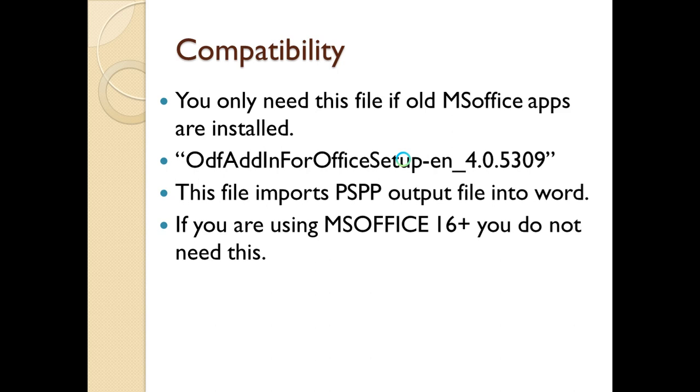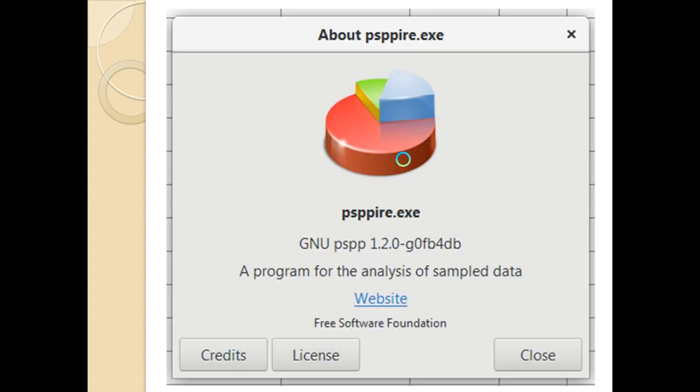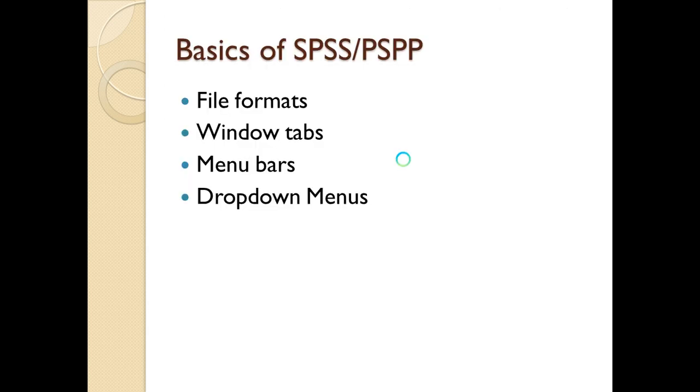In case if you are using MS Office 16 onwards, you don't need this. Now, when you open PSPP file, this is the features. This is how it looks like. So we'll ignore this and then let's move on to the basics of PSPP or SPSS.